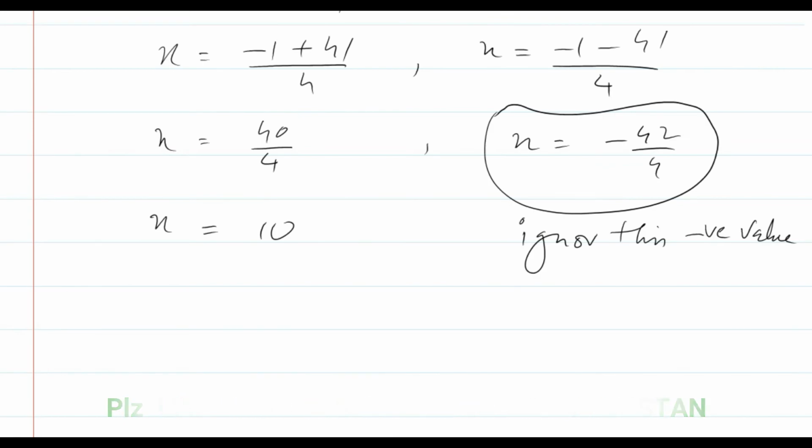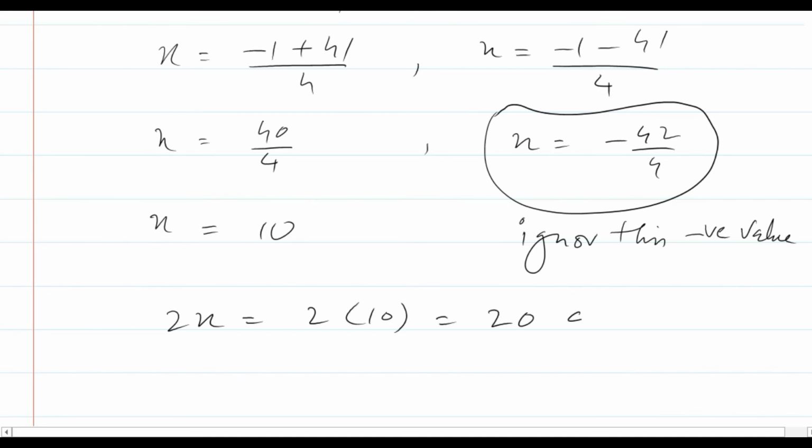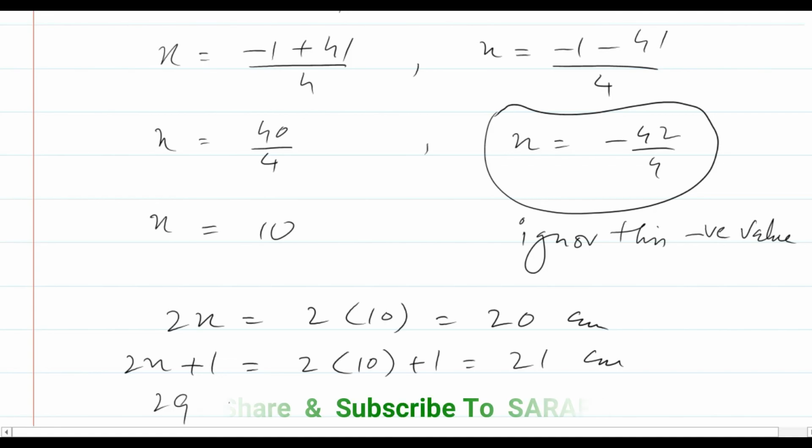So the sides will be 2x is 2 times 10, that is 20 centimeter, and 2x plus 1 is 2 times 10 plus 1 is equal to 21 centimeter, and then 29 centimeter.